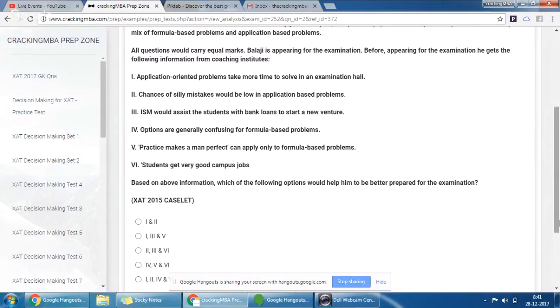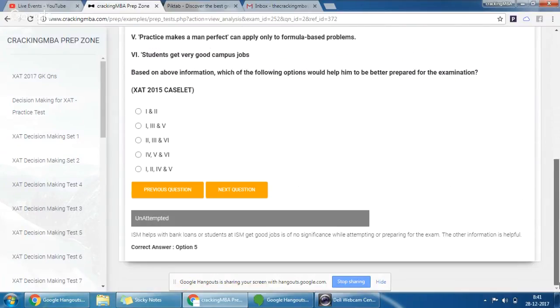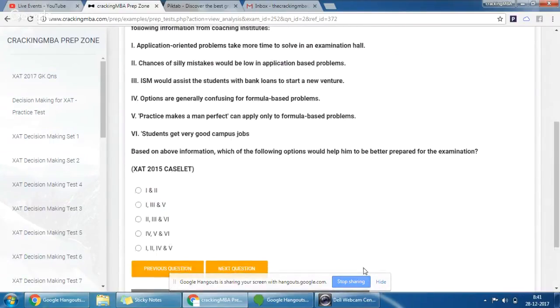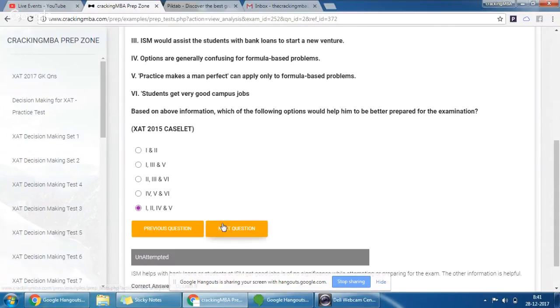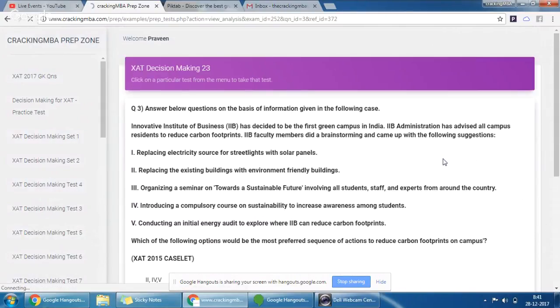And I think the correct answer is option 5. It's a pretty straightforward question. Obviously, the bank one is irrelevant, and ISM, where students get very good campus jobs, is irrelevant. If you remove all of that, the remaining 4 are there, and it's pretty straightforward, right? So option E. Let's move to the next one.